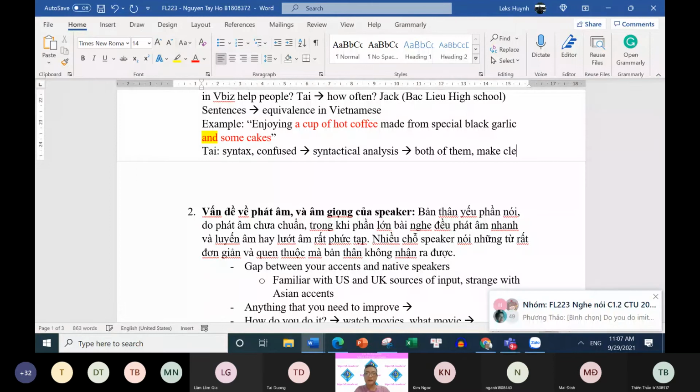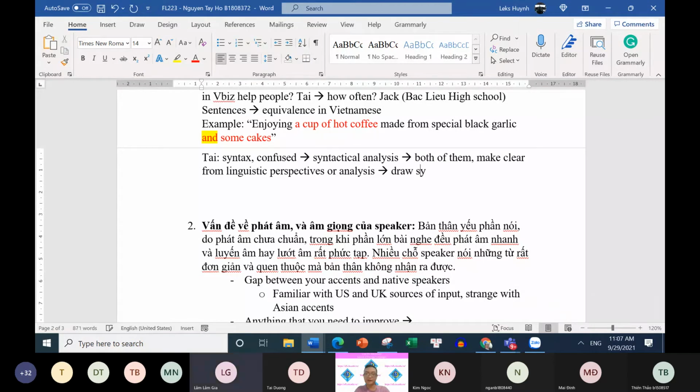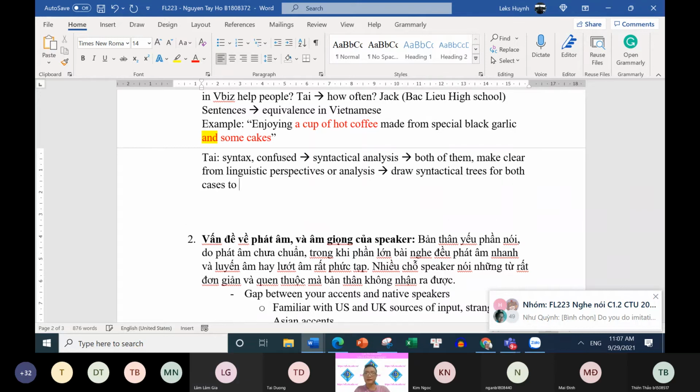from the linguistic perspective or analysis, you have to draw a syntactical tree for both cases to clarify the ambiguity.